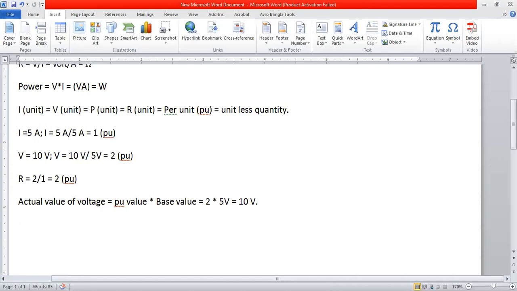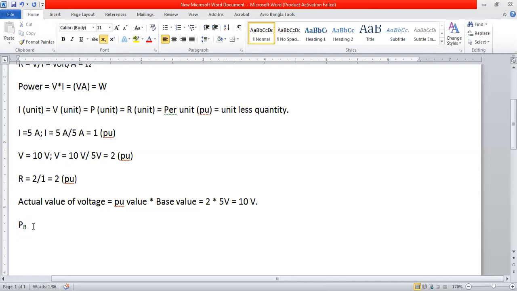Like if the base value of power, B being the base, is equal to 100 volt ampere, and the voltage base is like 50 volt, this is the base value of voltage.